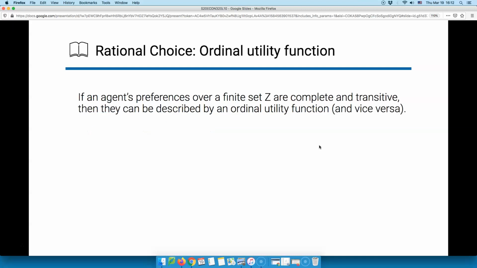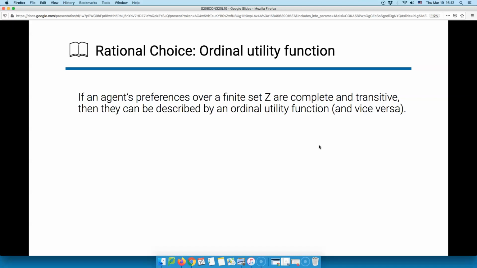Together, completeness and transitivity allow us to basically line up all the alternatives along a line, and thus be able to assign a rank to each alternative.